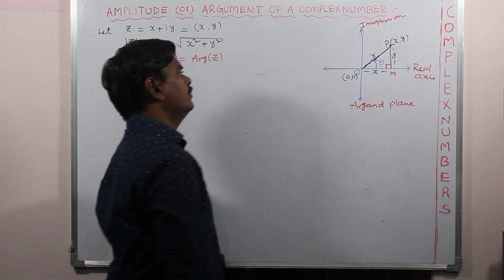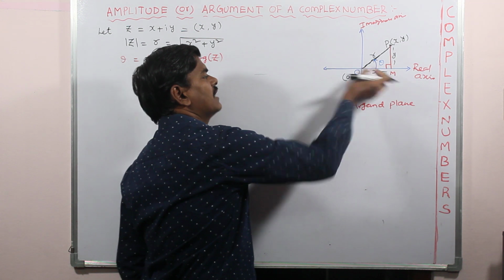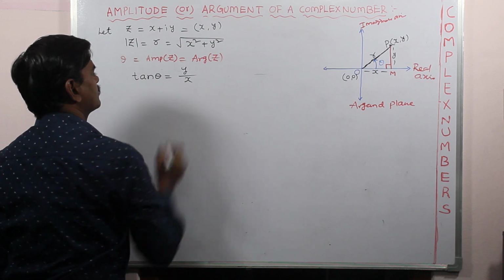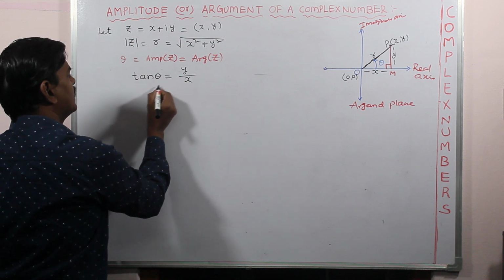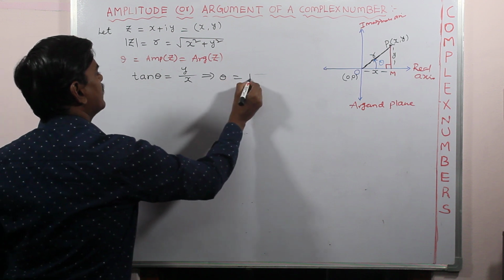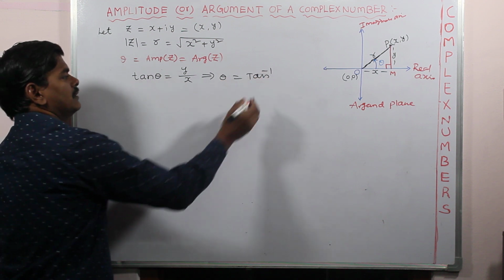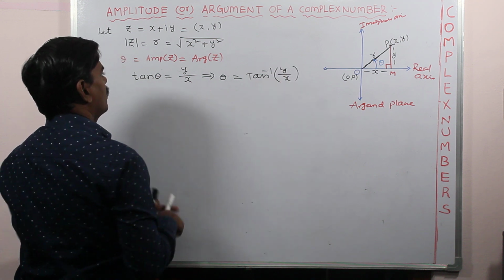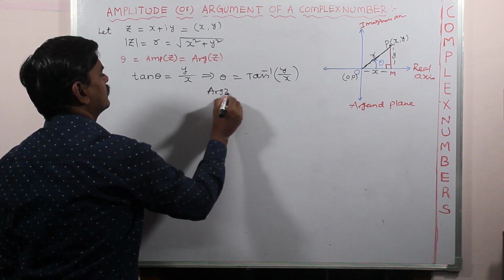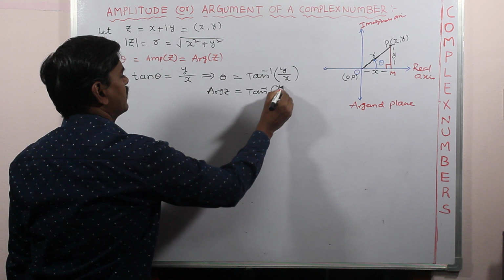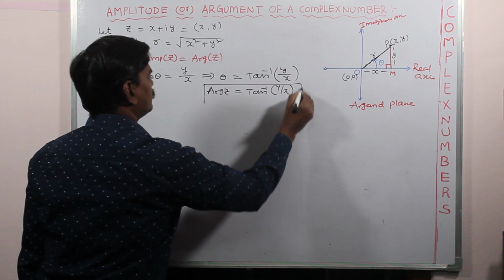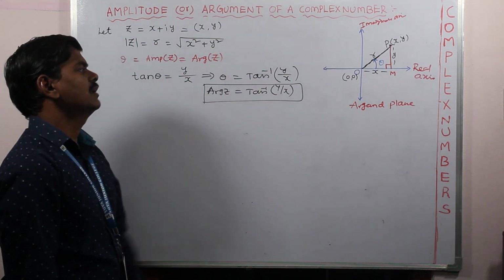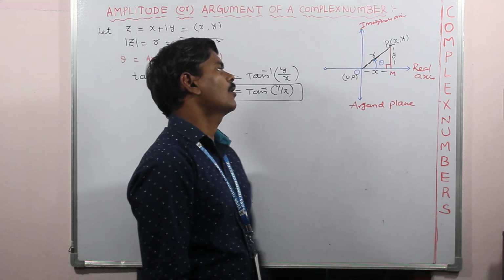Tan theta is opposite side by adjacent side, that is y by x. So theta is equal to tan inverse of y by x. So arg z formula is tan inverse of y by x. Whatever value you get for theta is known as amplitude of the given complex number z.